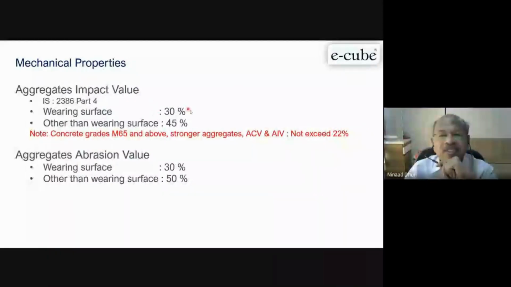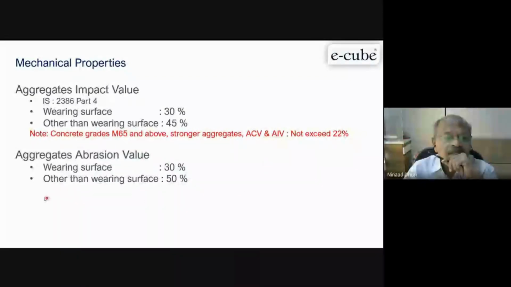Even though for wearing surface it is 30%, for concrete grade 65 plus, strong aggregates are required. There the limit given is 22%. So this has to be remembered always. When you are going for high strength concrete, you must see what is the aggregate crushing value and aggregate impact value.